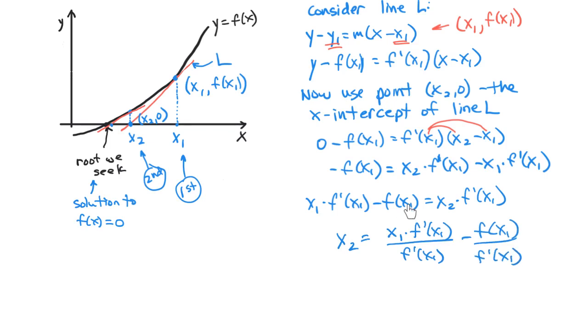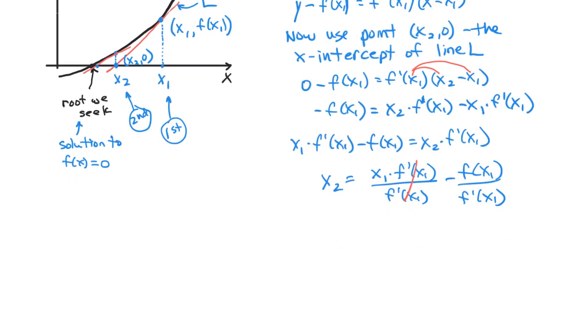All I did was reverse these, put this side over here, and then divide each side by f prime of x sub 1, which then will allow us to cancel this. And so we will finally get x sub 2 equals x sub 1 minus f of x sub 1 over f prime of x sub 1.